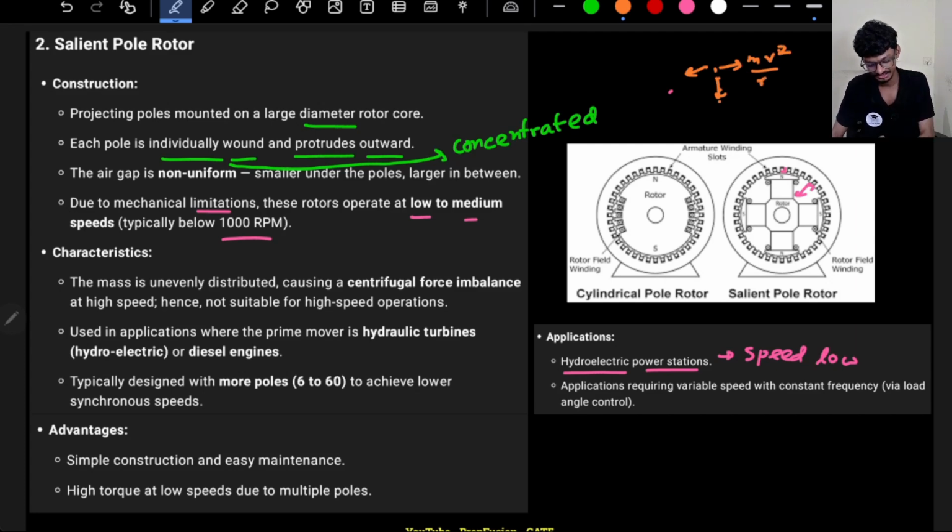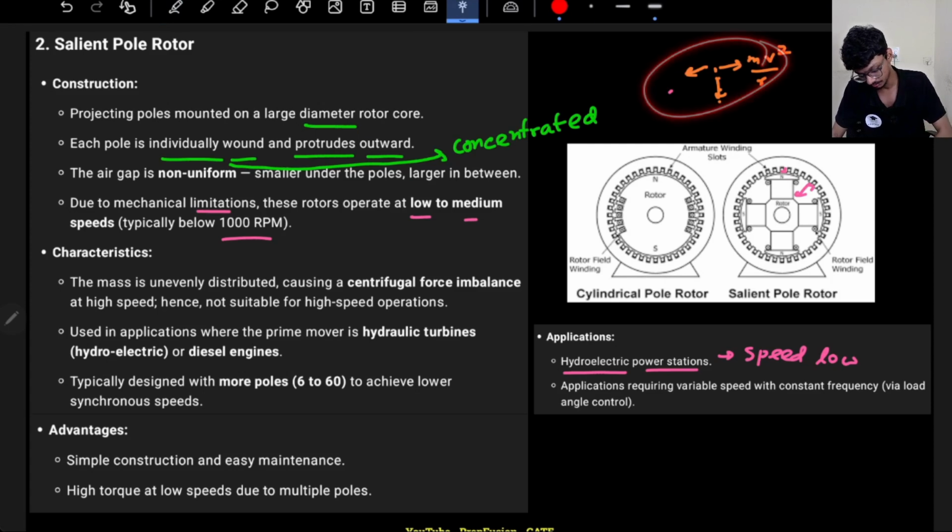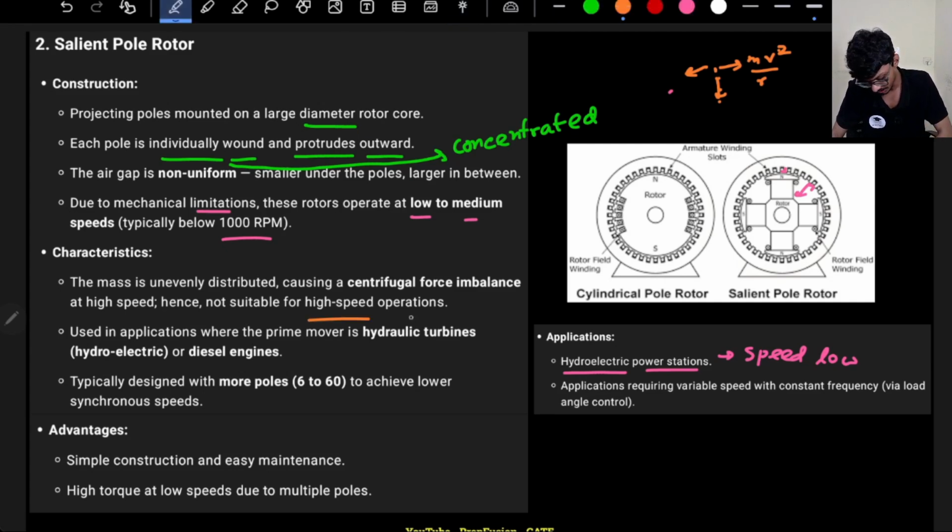One was centripetal, one was centrifugal. Something like this is happening here. Due to this unevenness, this cannot operate at high speeds, so high speed operation is not suitable.